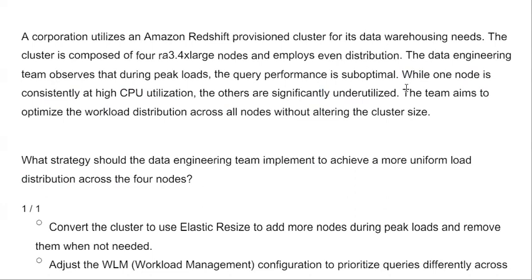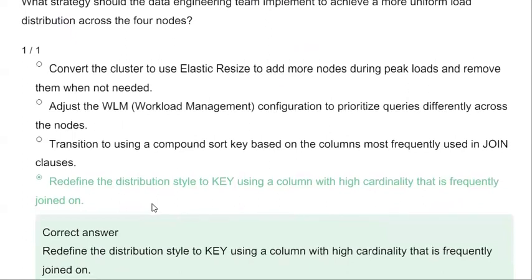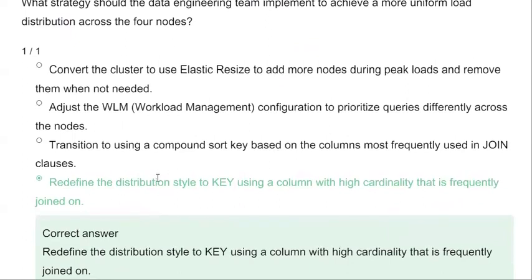So what strategy should the data engineer implement to achieve this? For uniform distribution across all your nodes, the only option here is key distribution. If you use this key distribution, then your data is partitioned and distributed among multiple nodes.